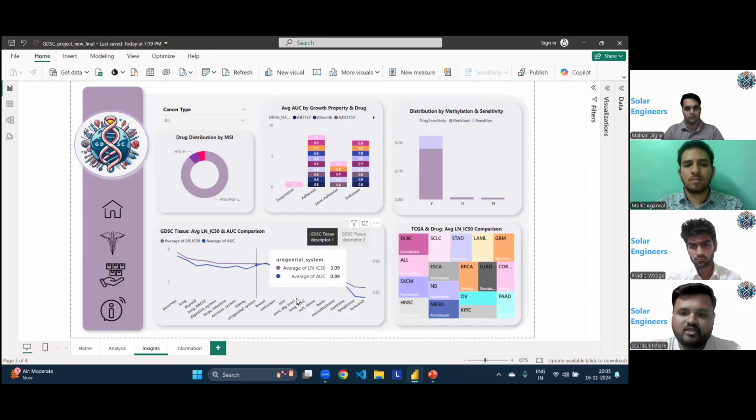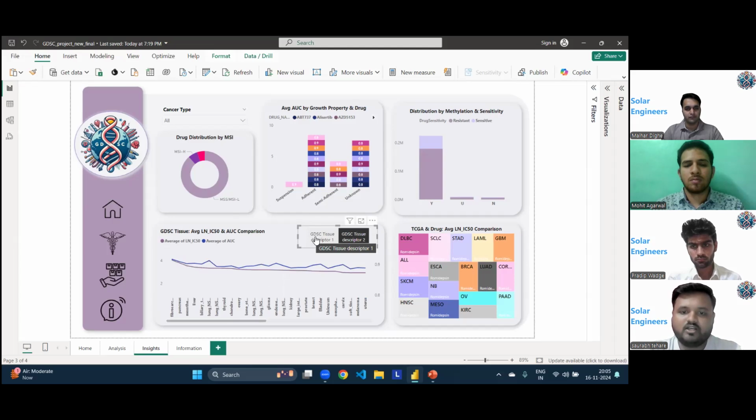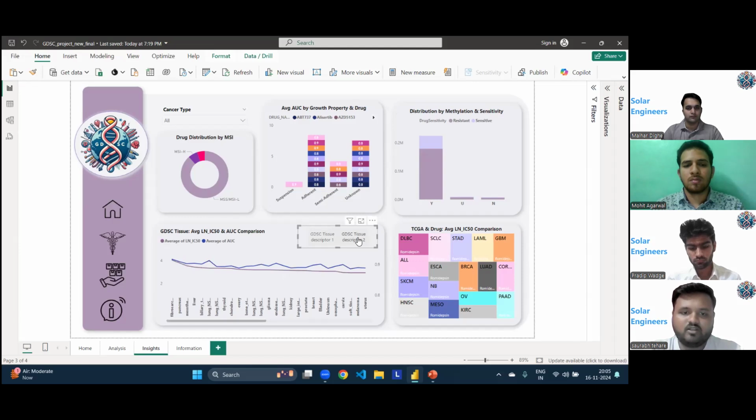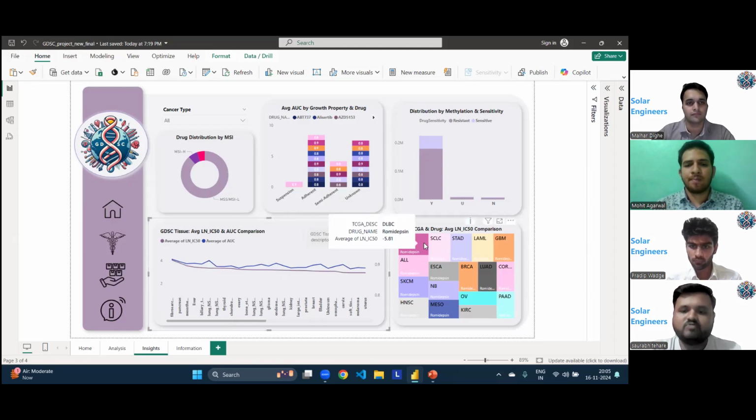Here we have also added a button which is showing the various tissue descriptors, like we can choose here, and accordingly it will reflect in the graph. The next graph is about the TCGA and drug average LN IC50 comparison, where TCGA projects are listed with the associated drugs, and the LN IC50 value shows how effective each drug is for the specific cancers. So the next page.